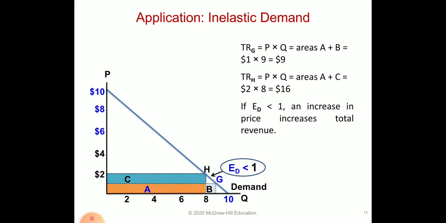So when it's less than 1, an increase in price increases the total revenue. The increase in price makes the total revenue increase, as we see from 9 to 16.